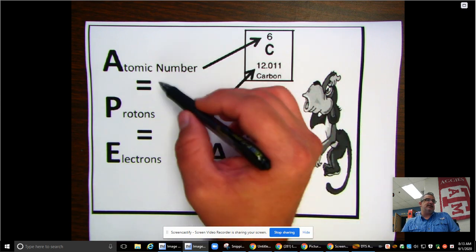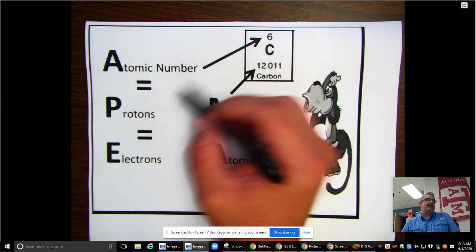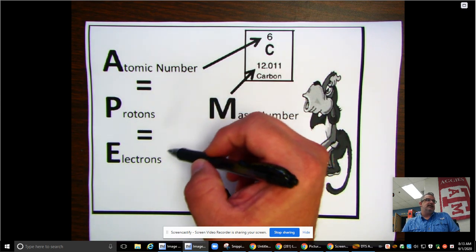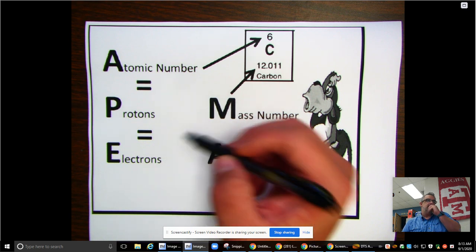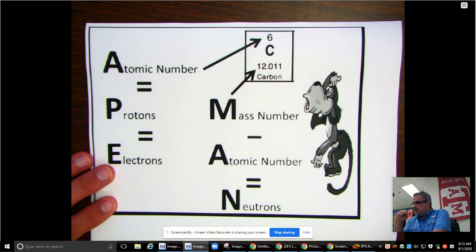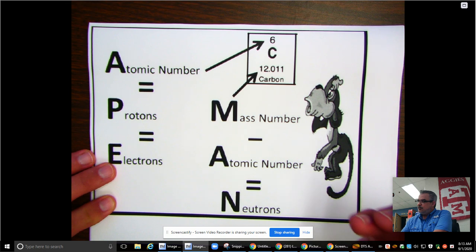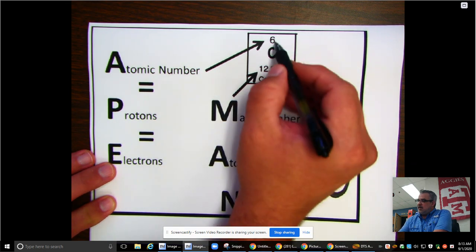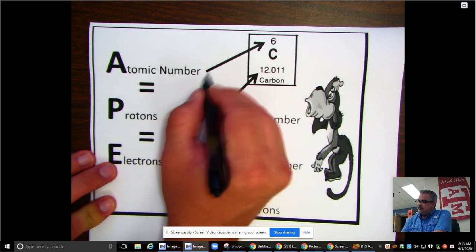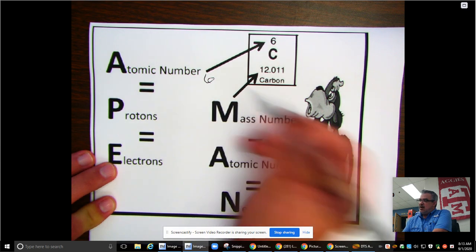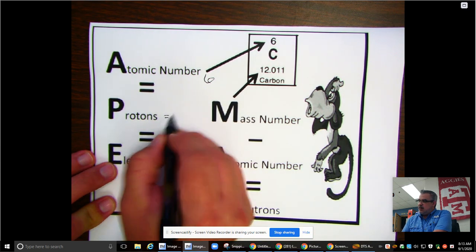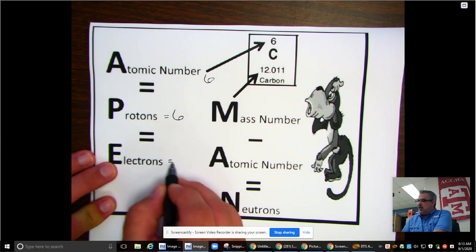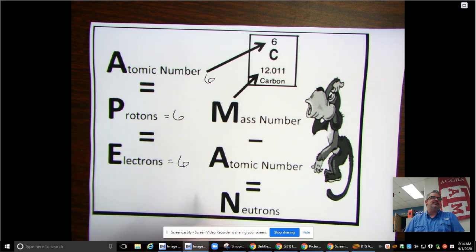That's easy because once you know this number, it automatically tells you how many protons and how many electrons the element has. So in this case, carbon is an atomic number of 6. So that automatically means that there are 6 protons and 6 electrons. Okay, so those are the two easiest ones.